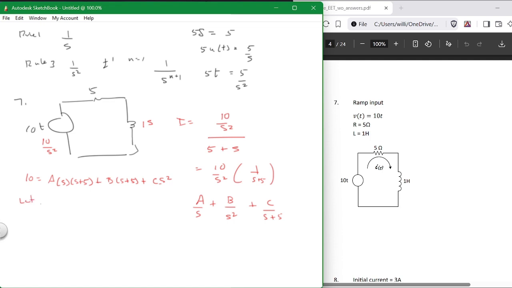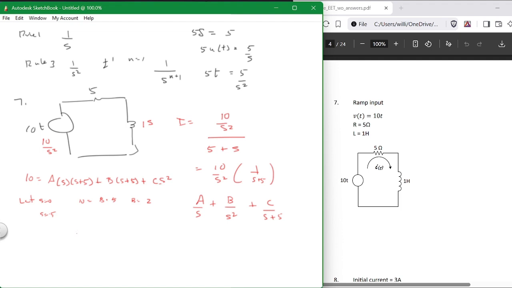I'll give you S equals 0. What else can you do? S equals minus 5. So if you do S equals 0, what happens? You get B, right? 10 is equal to B times 5, B is equal to 2. Everybody got that?